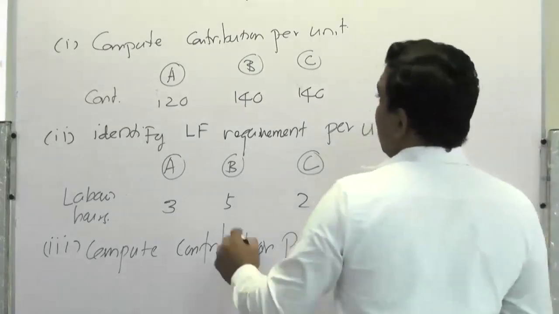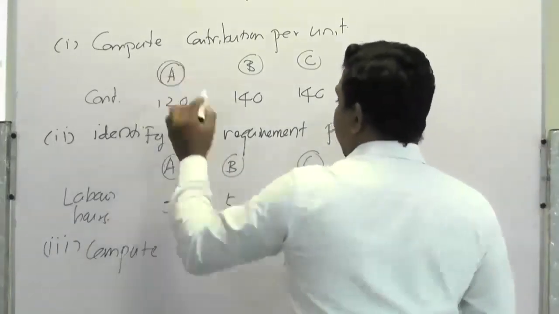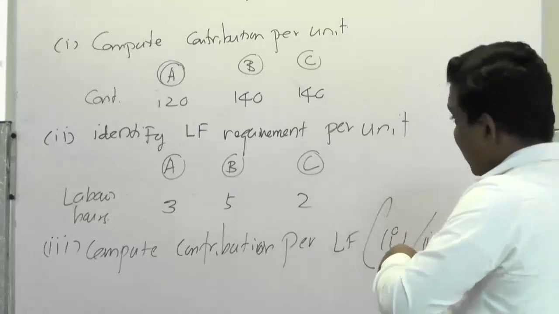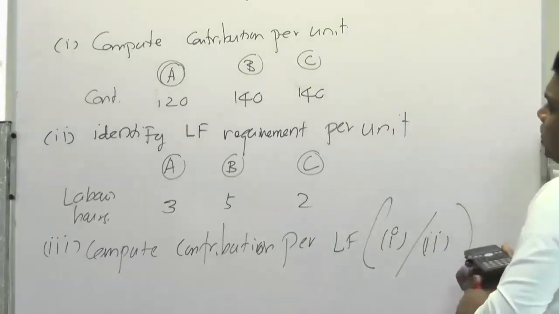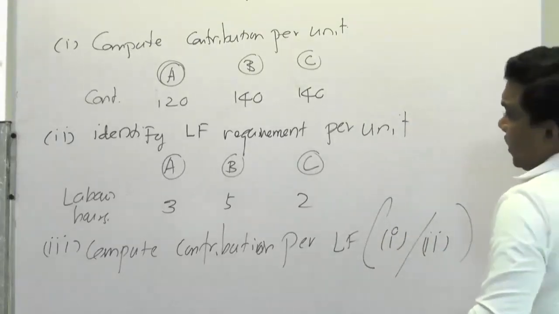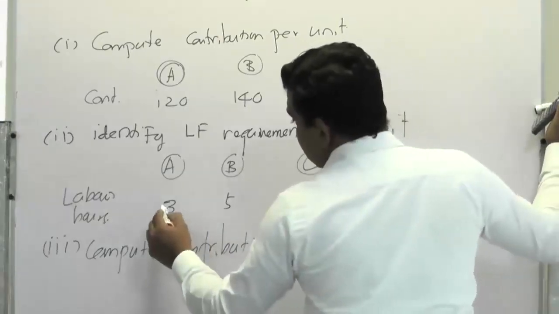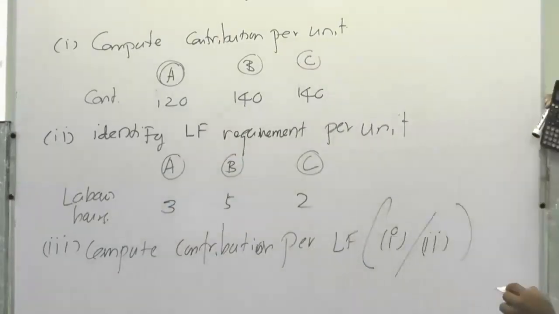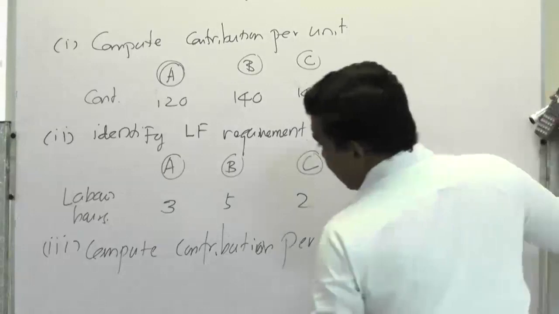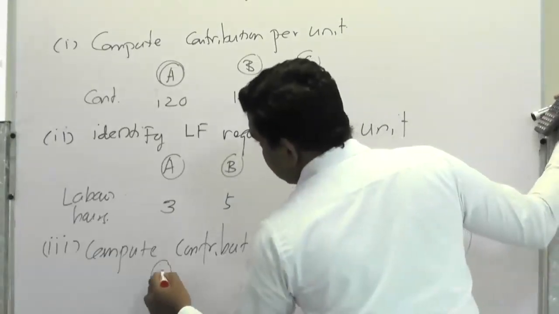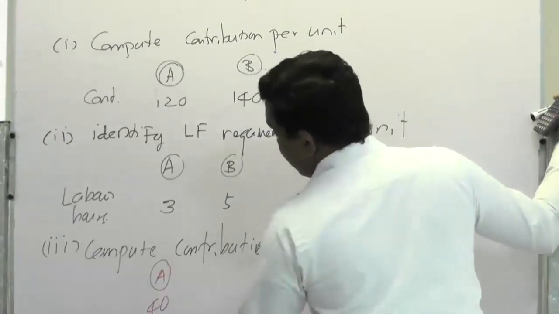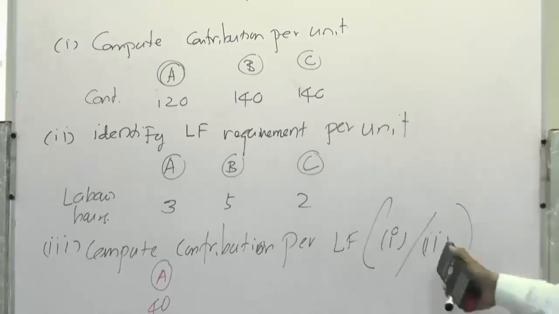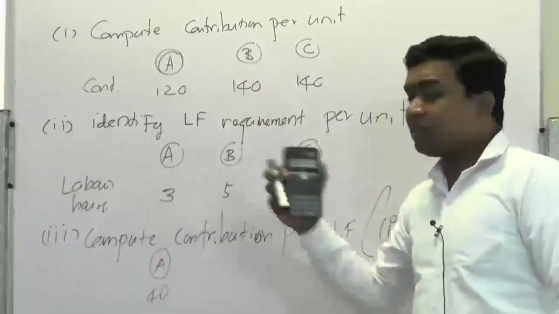Now see, this is a very important point to understand. If you produce 1 unit of A, you require 3 labor hours. That means 1 labor hour will generate 40 rupees for you, 120 divided by 3.